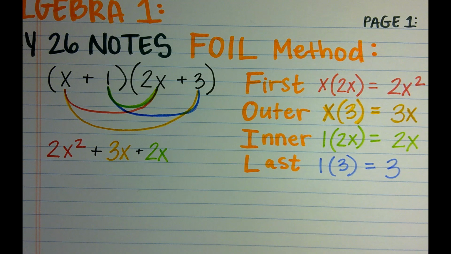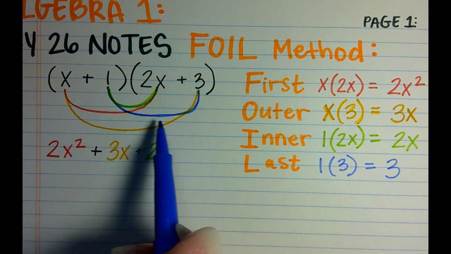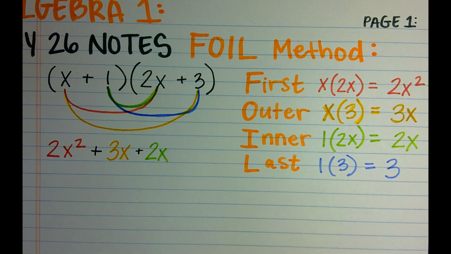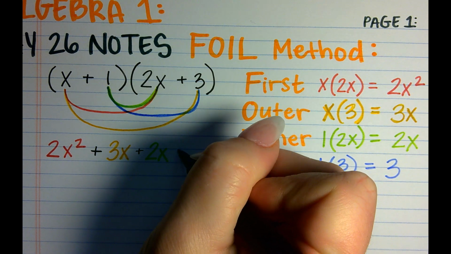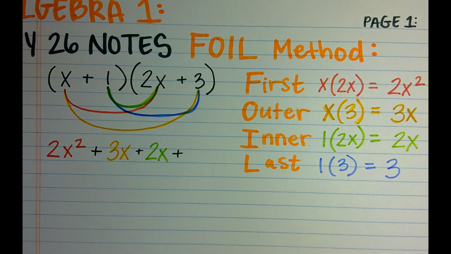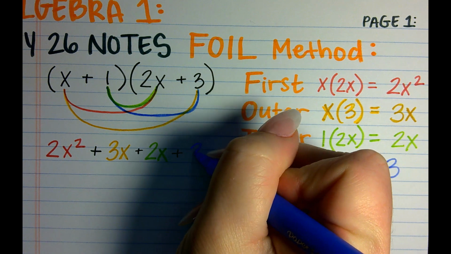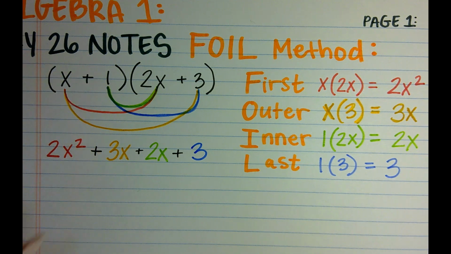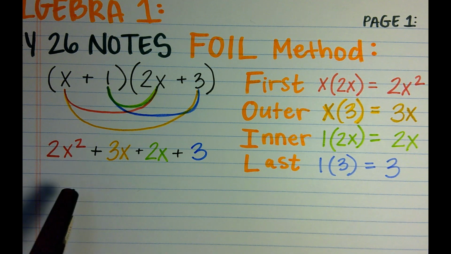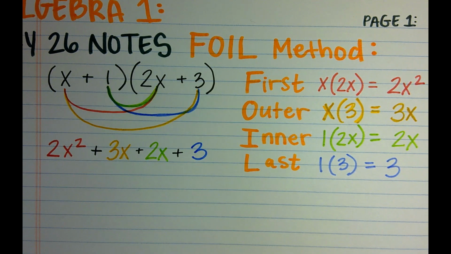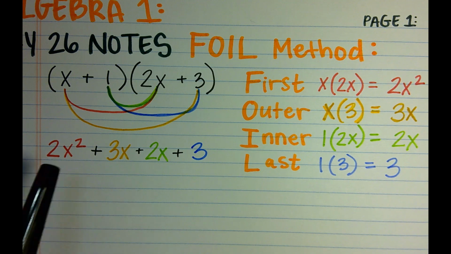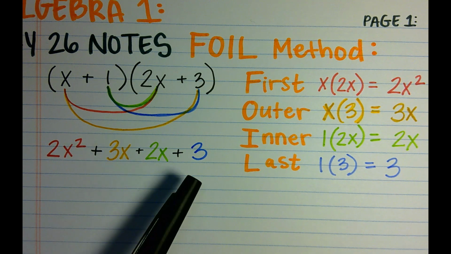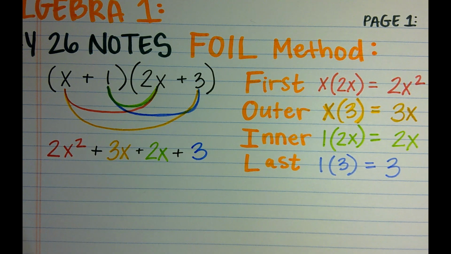And last but not least, I did my last terms, 1 times 3, and I got 3. So, with 4 different steps to multiply these 2 sets of terms, we end up with 4 new terms in our answer.